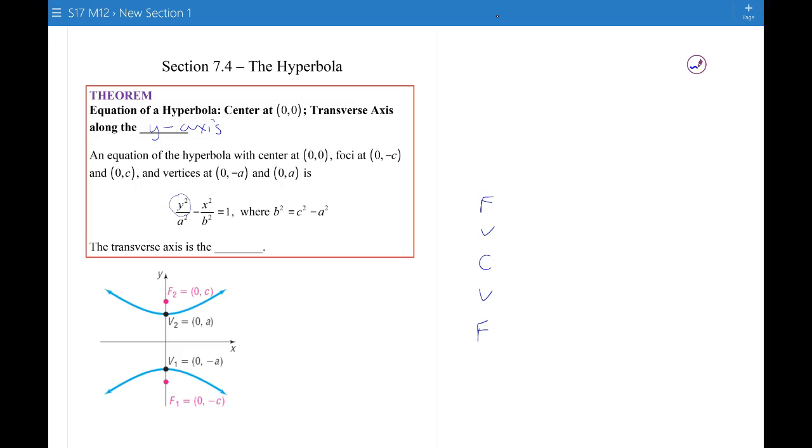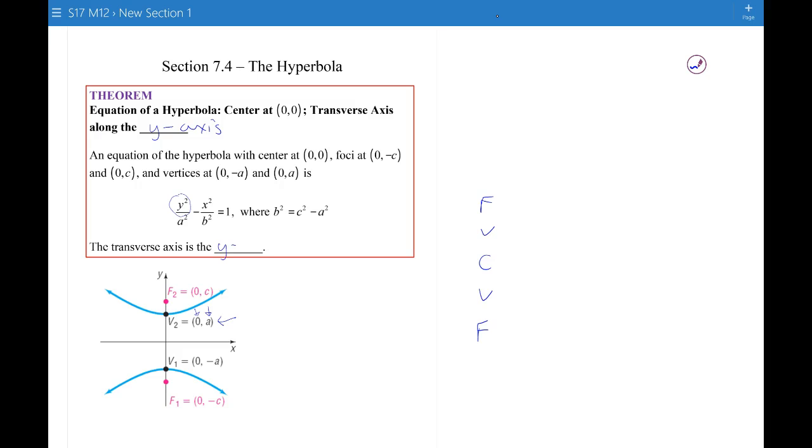And you can check this by seeing, let's see, the vertex has to be a point on the hyperbola. So the equation has to be true if I put 0 in for x and a in for y. And you can see that if the terms were in the opposite order, it wouldn't work.